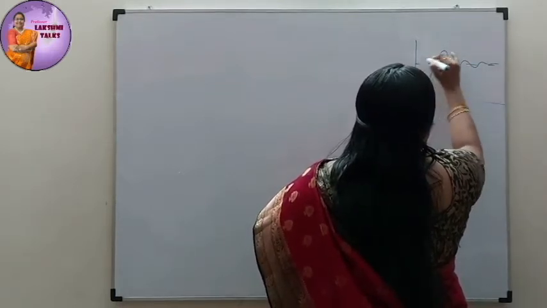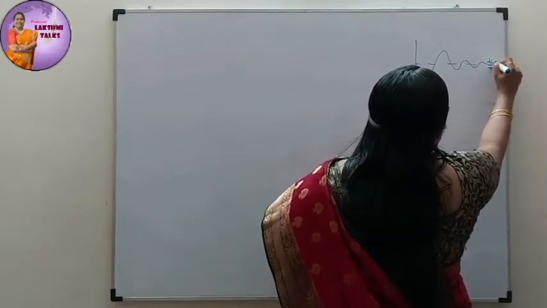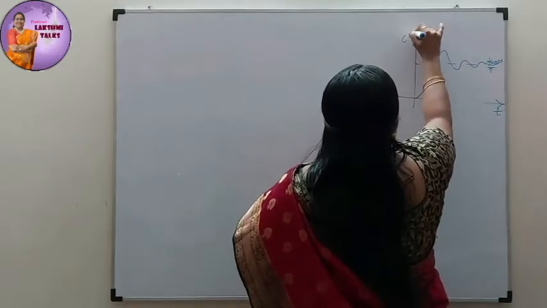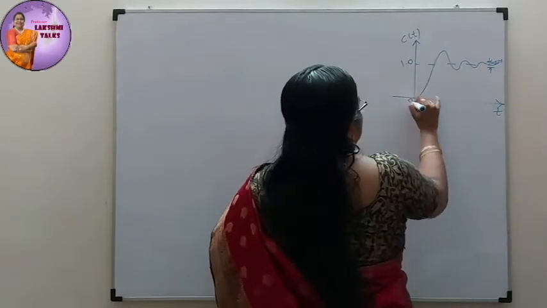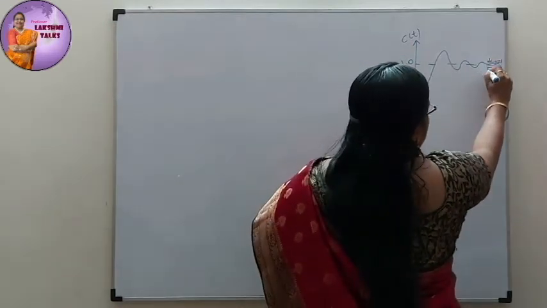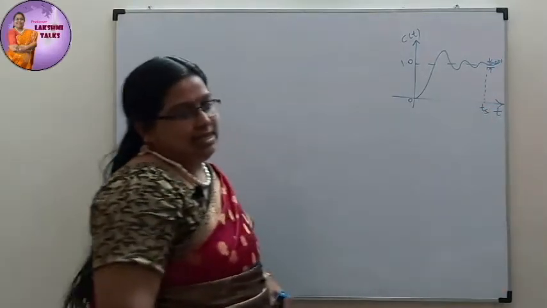So there is some tolerance band, say plus or minus 2%. When the response c of t reaches and stays within this tolerance band, then that particular time instant is called the settling time.